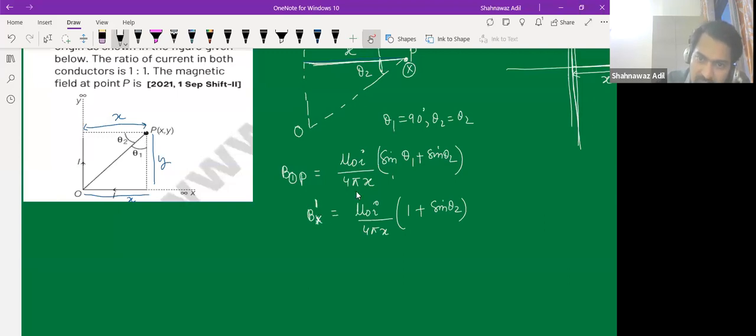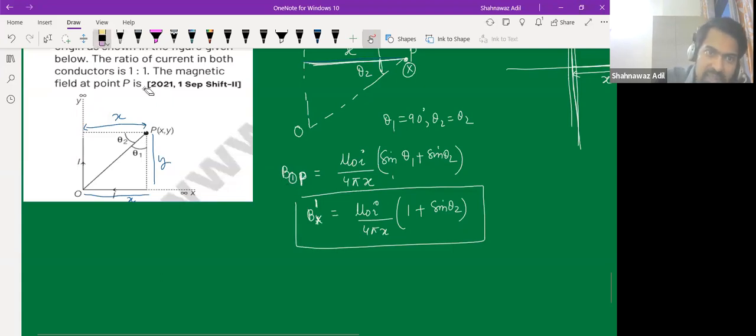What is B1? What is P and what is what? I have written that this is the magnetic field due to wire 1 at point P. So let us write that in simple notation, P1.